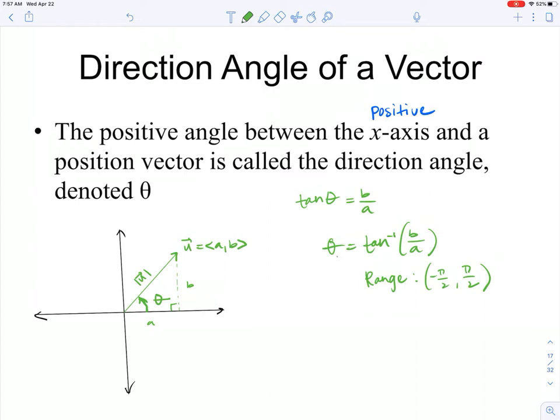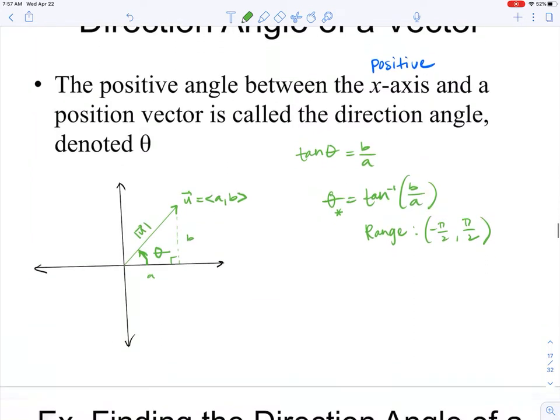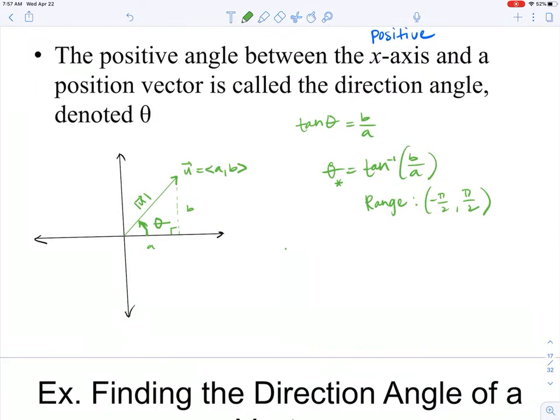So when I use inverse tan of b over a in order to help me find the direction angle, I like to call this theta star, because if the vector terminates in a quadrant other than quadrant 1, I have some extra thinking to do in order to determine that positive angle between the positive x-axis and the vector.